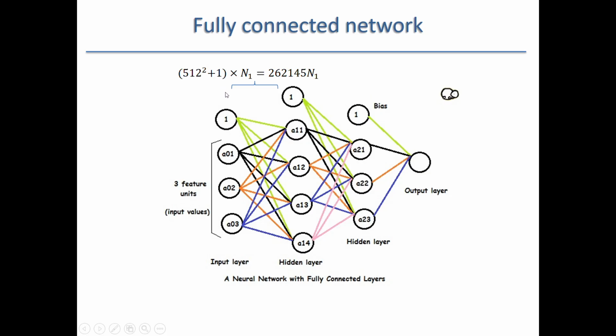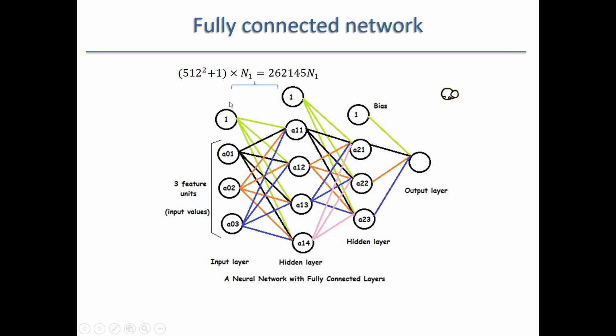Then let's say that the output has n1 output features. So the number of parameters for the full dense layer is this number. It is 260,000 times n1. Each one of these nodes needs 260,000 different numbers.